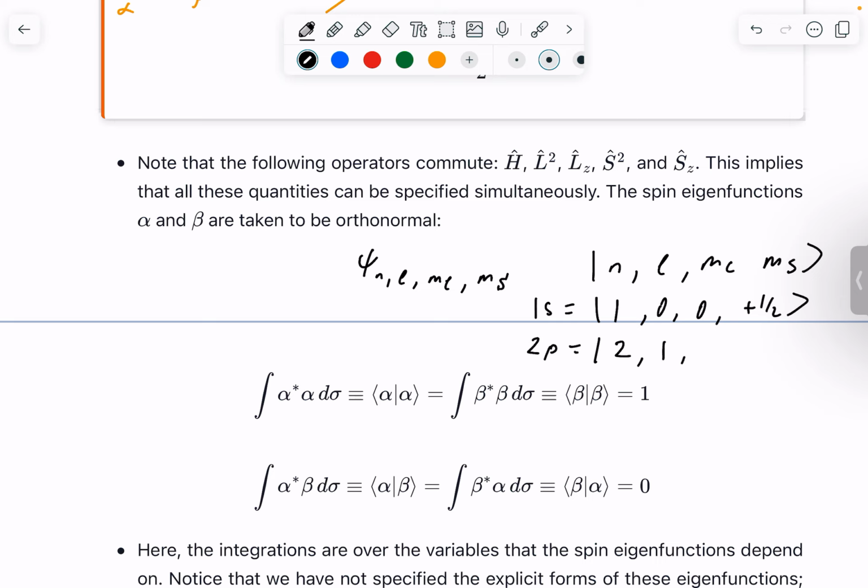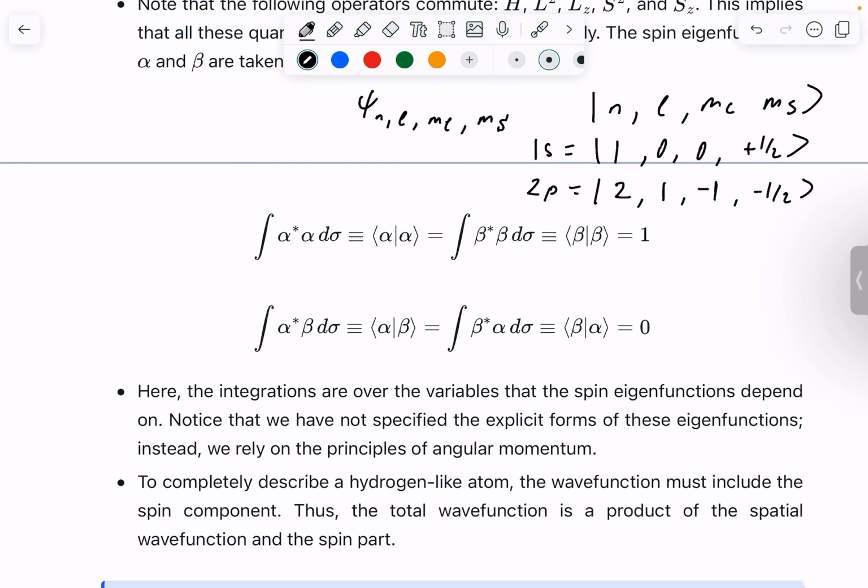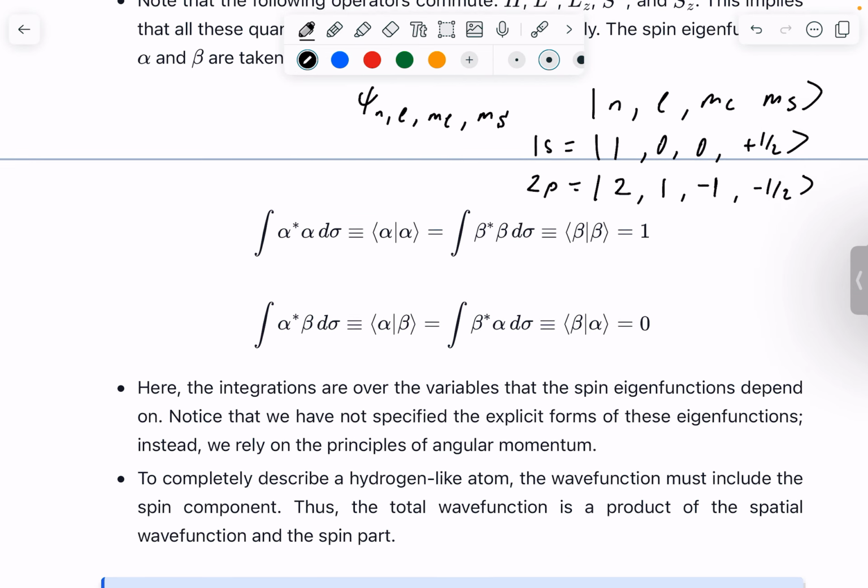So ml can take 3 possible values, so why don't we just pick -1 for this one, and for the spin, let's pick -1/2. There's a number of values that are possible for ml and ms. We'll be seeing these eigenfunctions quite a bit more in multi-electron systems. For the hydrogen atom it is quite simple.